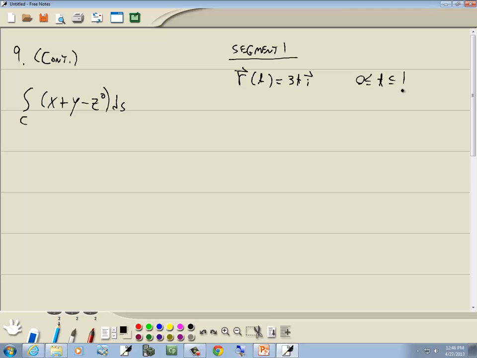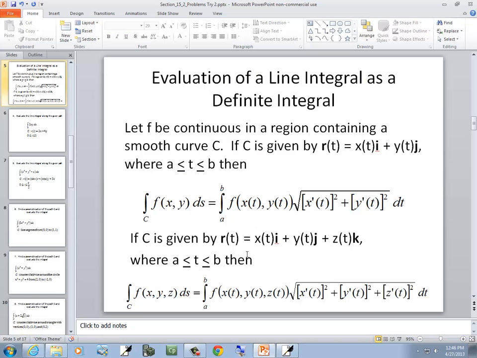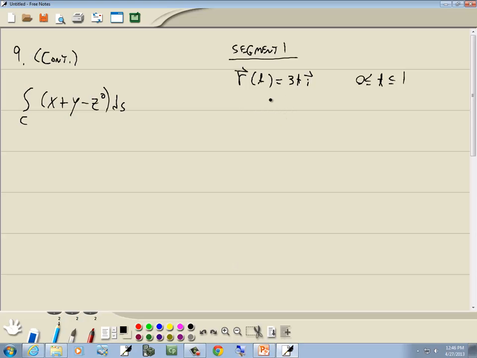That's the 0 to 1. We need our function. Well, first thing, our f of x, y, z is going to equal x plus y minus z squared. Always equal to what's inside your parentheses here. Then we want f of x of t, y of t, z of t.